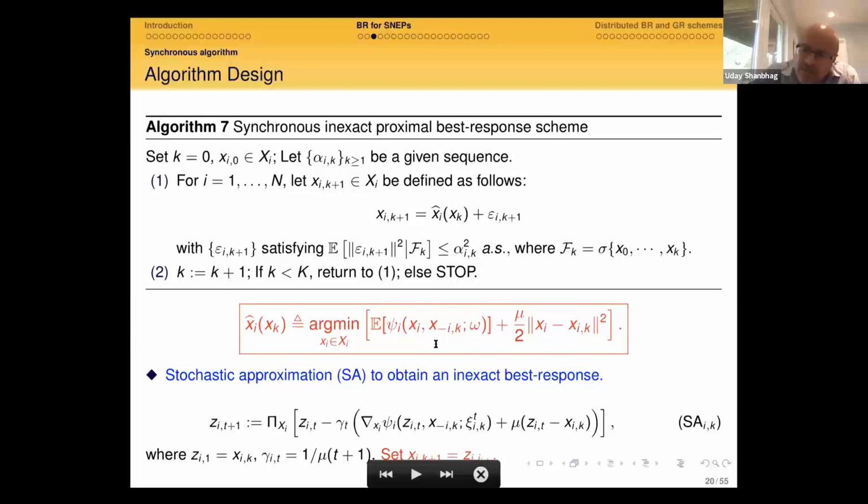But from our standpoint, if I tell you that this is an algorithm, then in terms of implementation you need to be able to tell me how you're going to compute the best response step in this inexact form. The way to do that is to use stochastic approximation. That's not the only way; you could use sample average approximation, but we found stochastic approximation to be very useful in this context. So you have the subproblem as a strongly convex stochastic optimization problem.